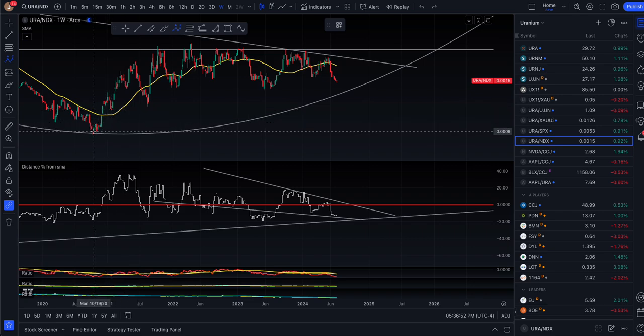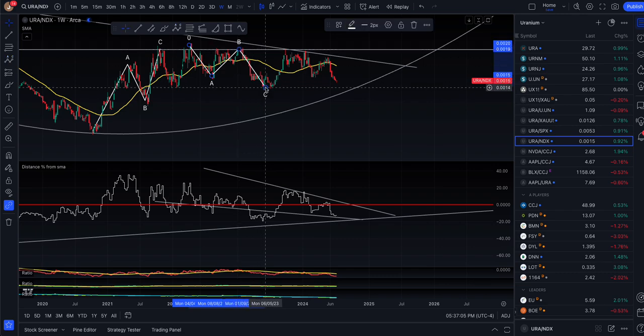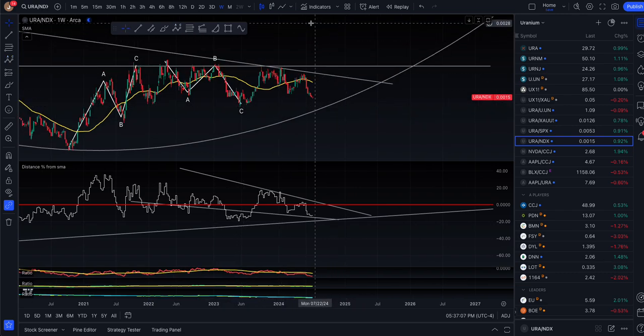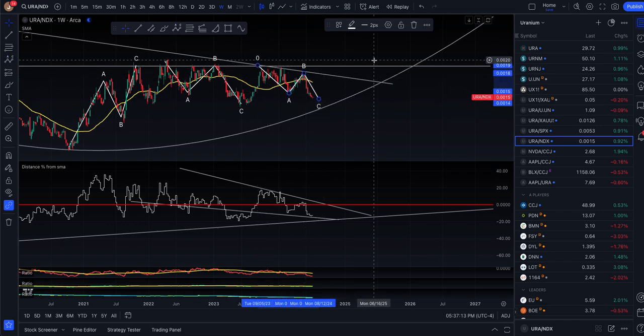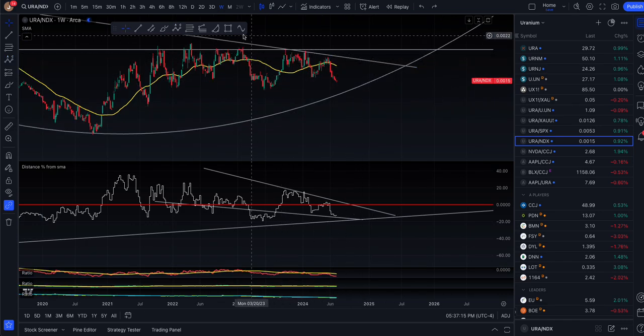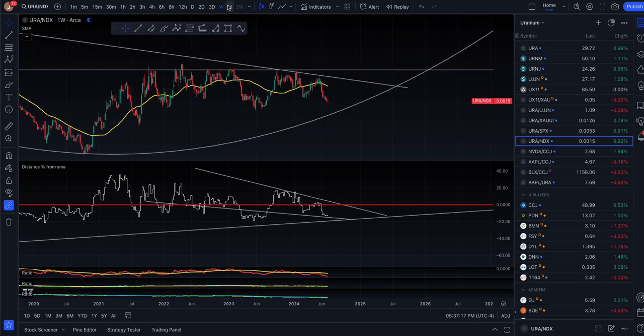And so, what are we seeing all throughout here? A, B, C. So I think what we have going on here is something like this. But again, looks good.